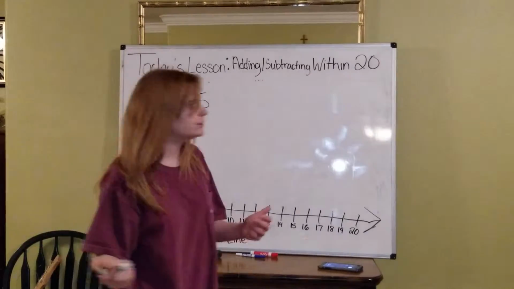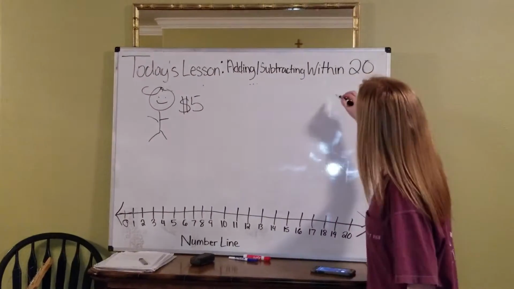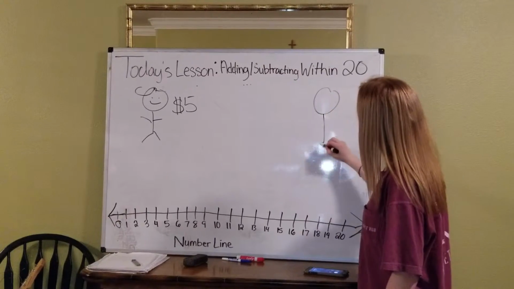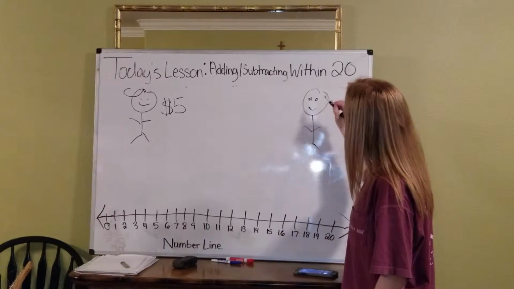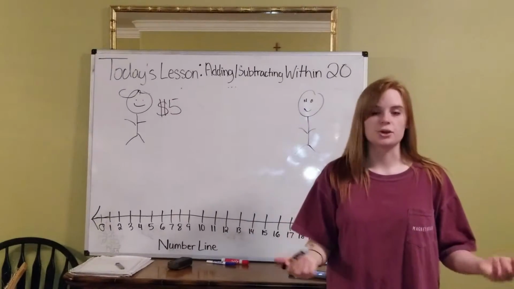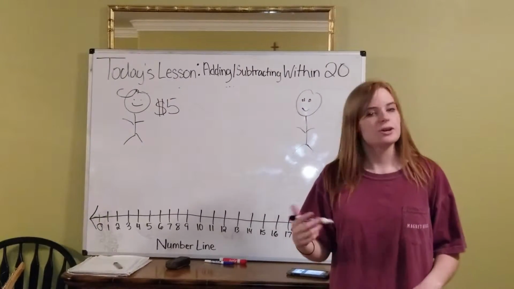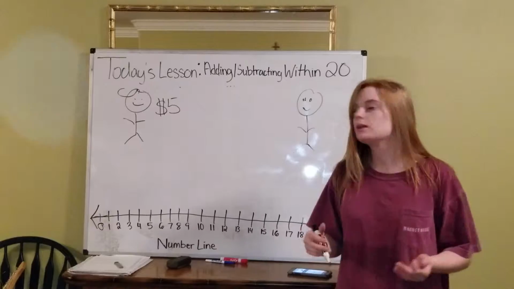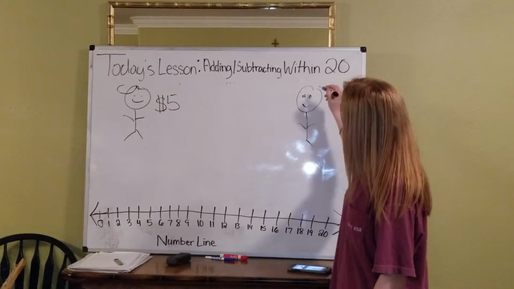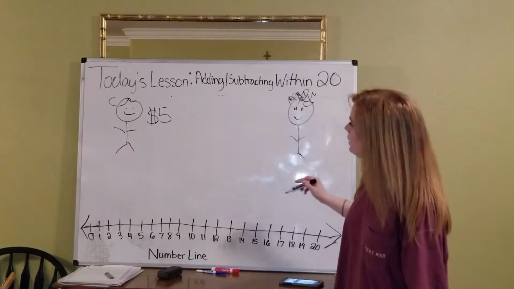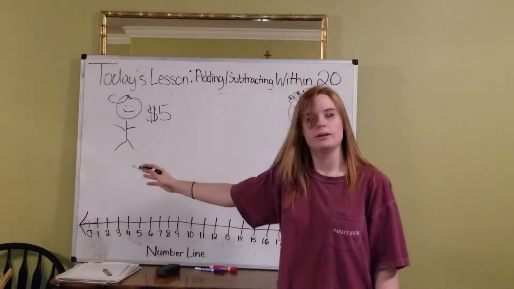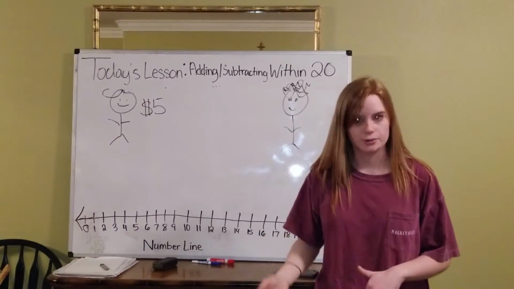And his friend Jerry comes in and says he wants to go to the convenience store and buy a soda pop. In order to get a soda pop, he needs $3. So Jerry over here, let's give him a good old mullet. There we go. Jerry asks Bob, "Hey Bob, can I have $3?"